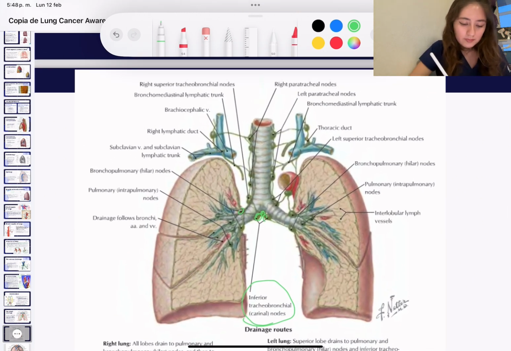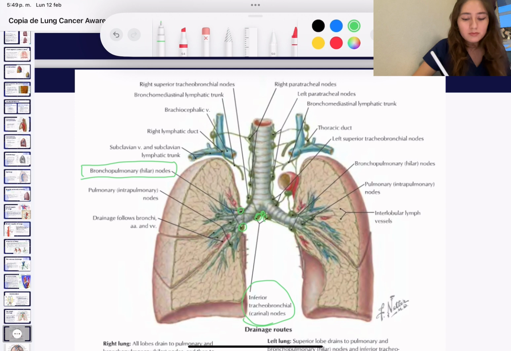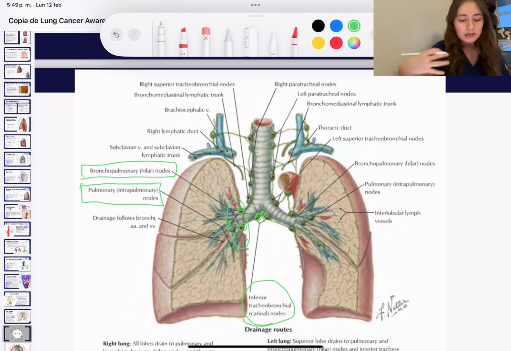So let's recognize some structures. Those will be the bronchopulmonary hilar nodes. Bronchopulmonary hilar from hilum, because they are here. We have also the pulmonary intrapulmonary nodes because they are entering already in the lung.